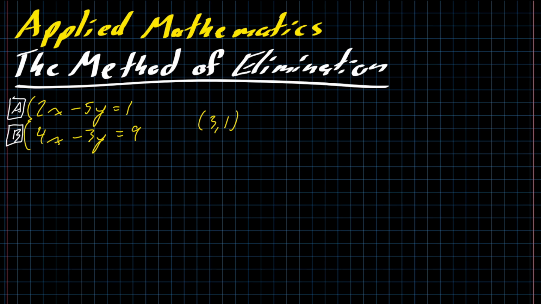When you're using the method of elimination, the goal is to eliminate one of the variables. And we eliminate the variable by manipulating the equations so that the coefficients have the same magnitude but opposite sign.